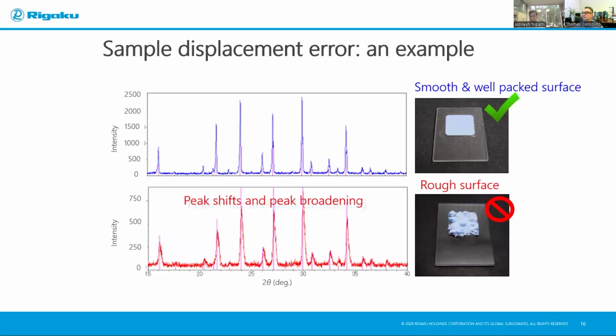So in order to emphasize how important it is to prepare a good sample, this is a picture that shows when the sample is well prepared, as shown in this one, smooth and well packed surface. You get sharp peaks and matches well with those purple lines from the database.